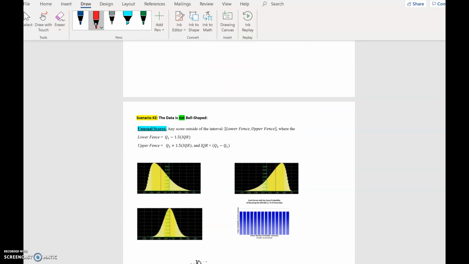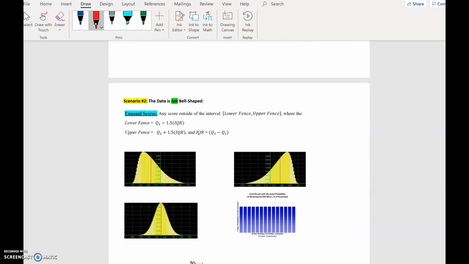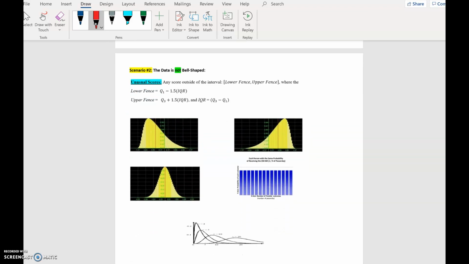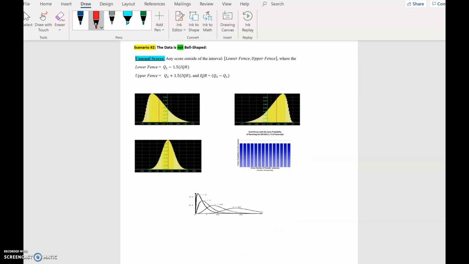Actually, wait, I forgot this portion. The second scenario is, what if the data is not bell-shaped? The problem is, if the data is not bell-shaped, we may not know what it looks like. So in that case, any unusual score is going to be calculated by finding the lower and upper fence.